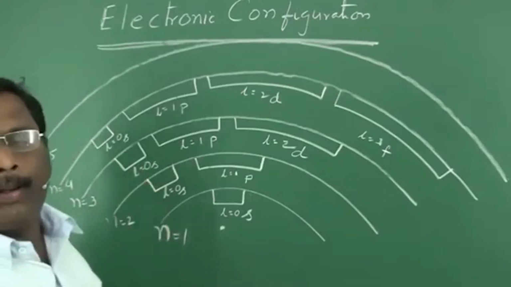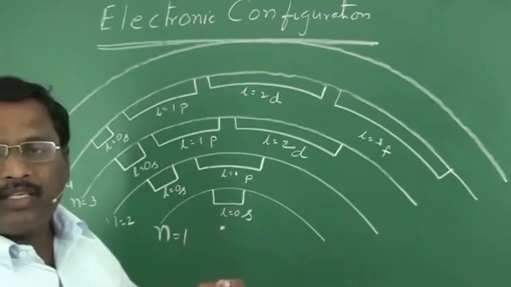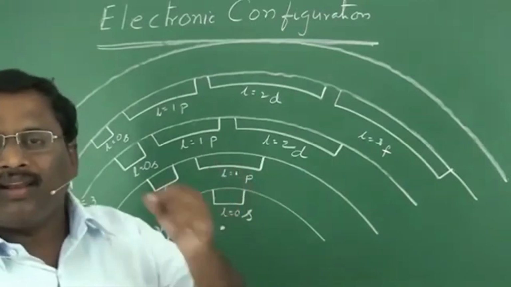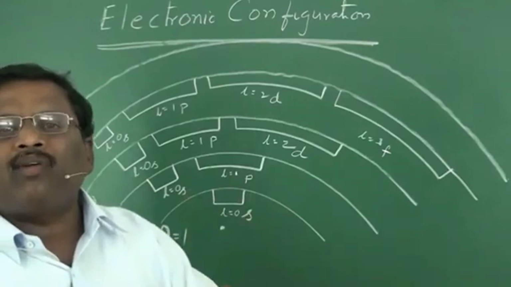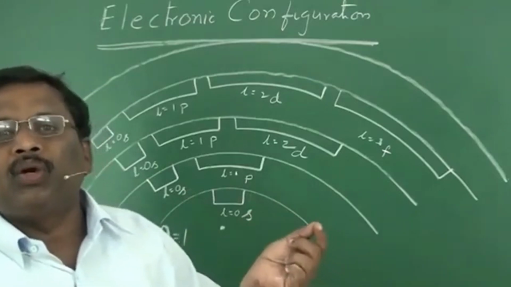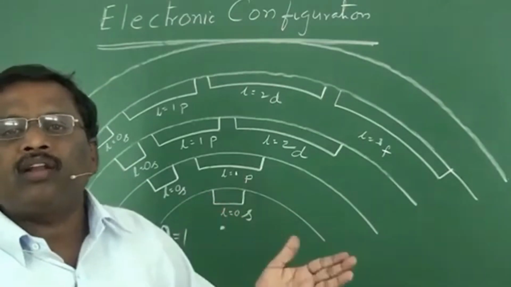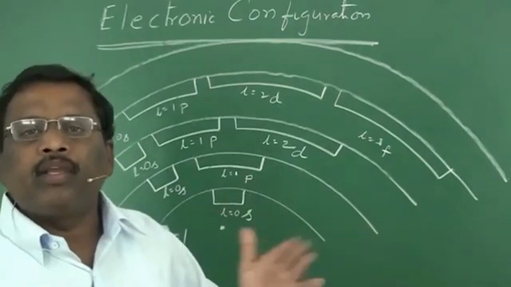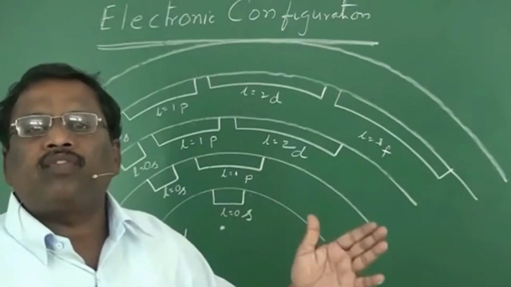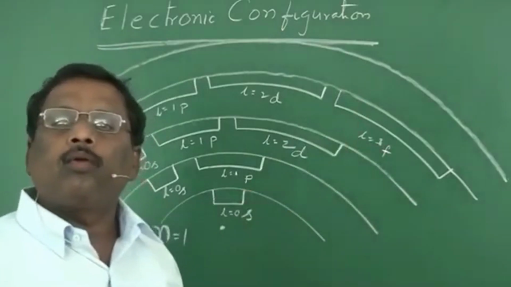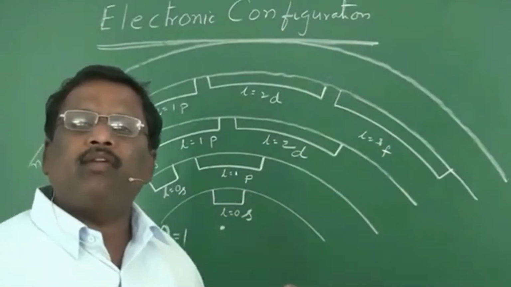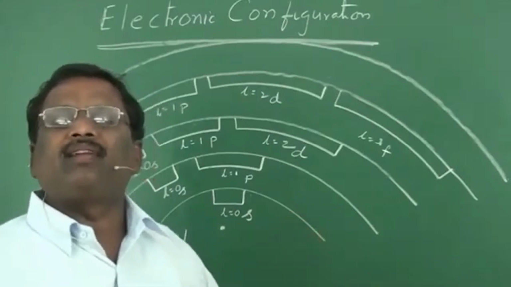Remember, the l value must be at most n minus 1. That means in the second energy level, you will not have l equal to 2. In the third energy level, you will not have l equal to 3. In the fourth, you will not find l equal to 4, because the maximum l value is n minus 1.